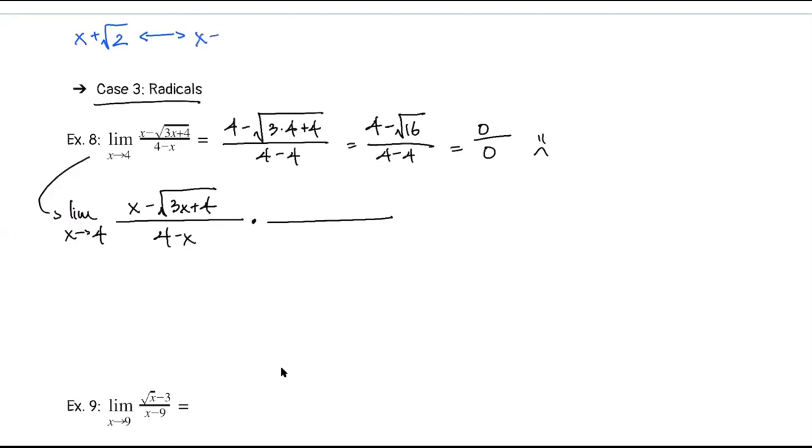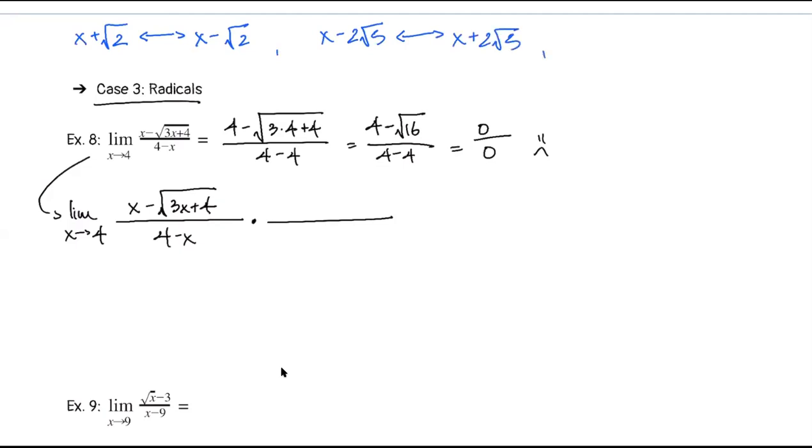Exactly, x minus root 2. And if I had x minus 2 root 5, what is the conjugate of that? Okay.